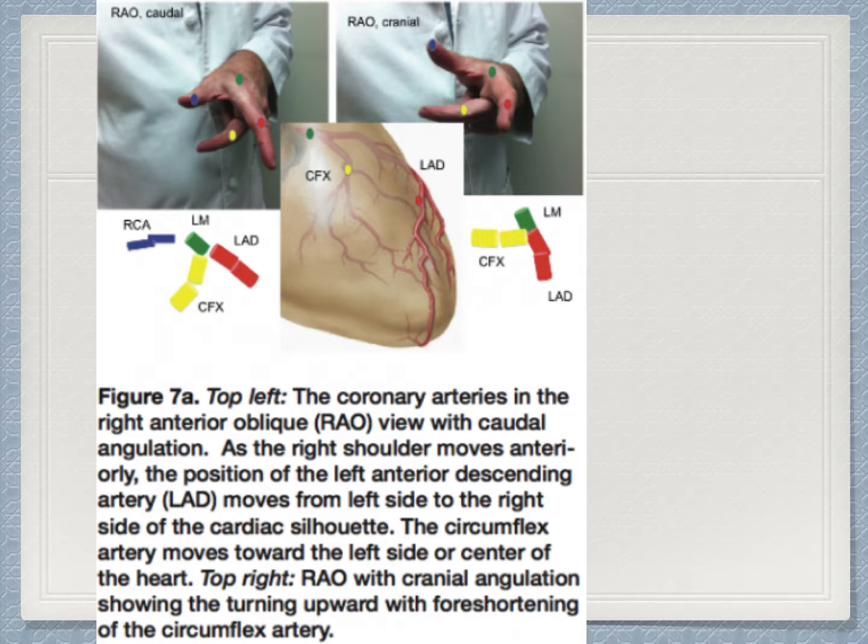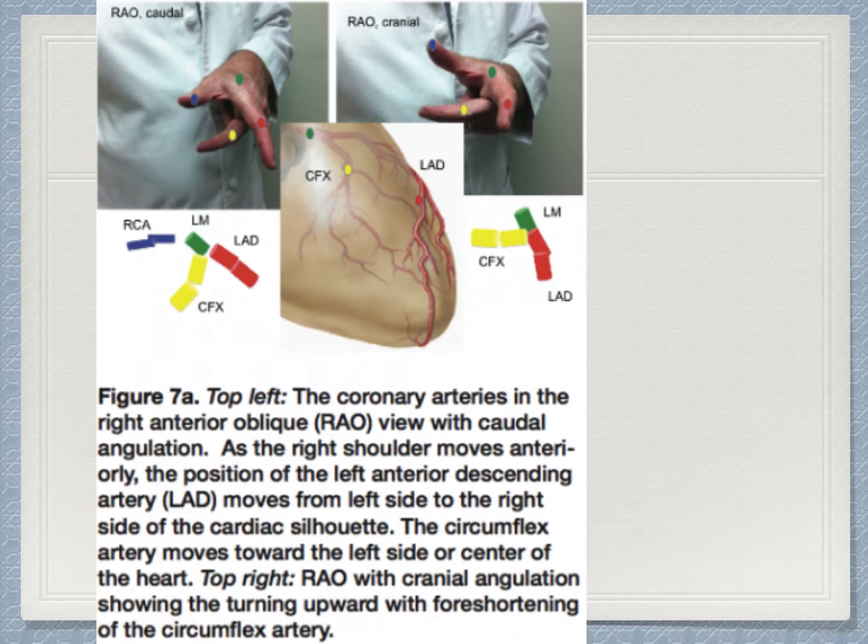Use your same peace sign with the fingers pointing to the front, but now rotate your left hand in a counterclockwise manner, and this will help you with the RAO with caudal and cranial. Caudal is your hand going down, and cranial is your hand going up.